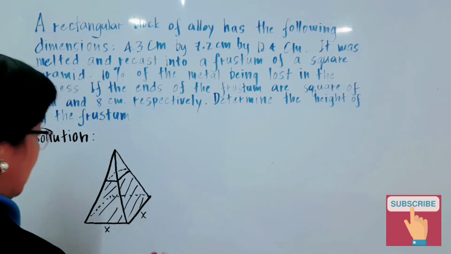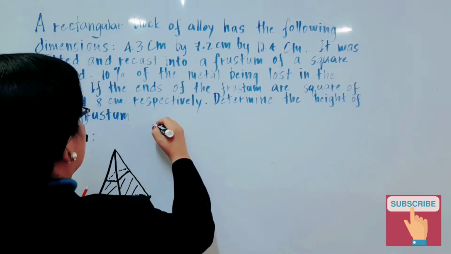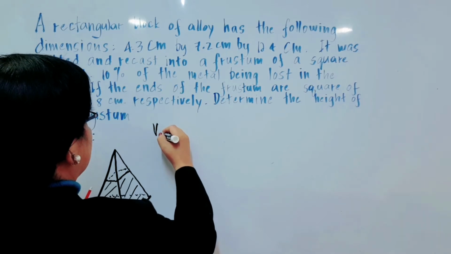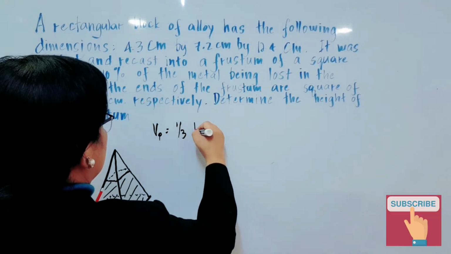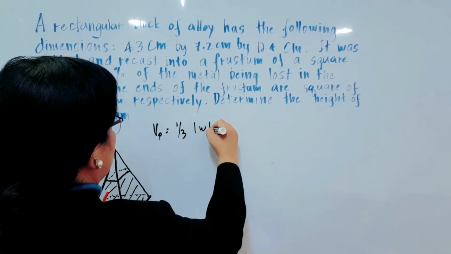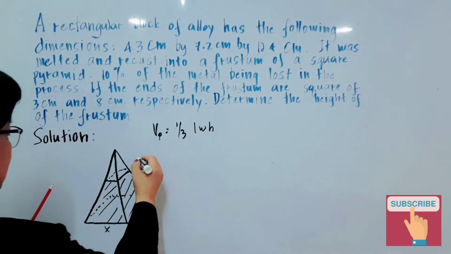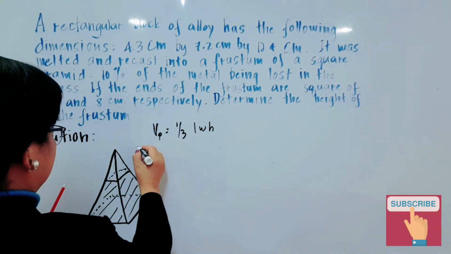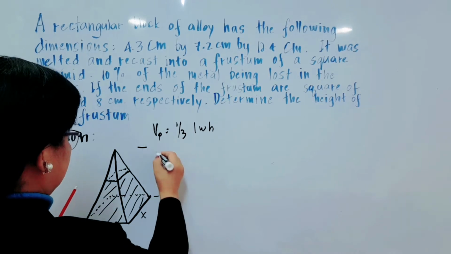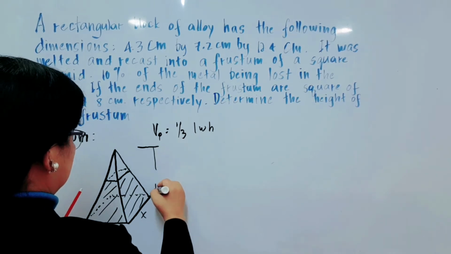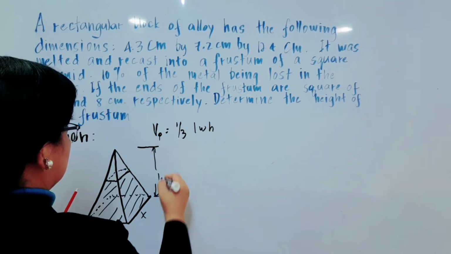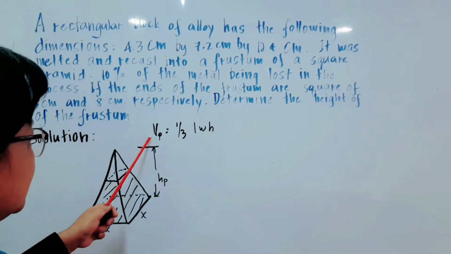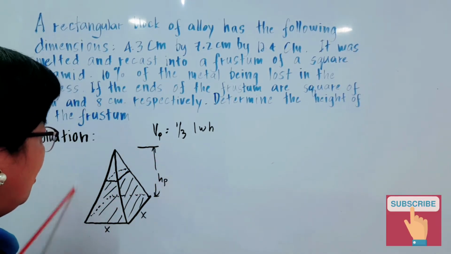Now, the formula for the volume of a pyramid is equal to 1/3 times the length times the width times the height. That means this is the height of the pyramid, and this is the volume.